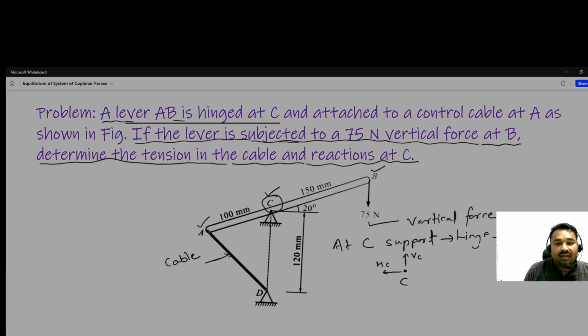Okay, so let us draw the free body diagram for this.